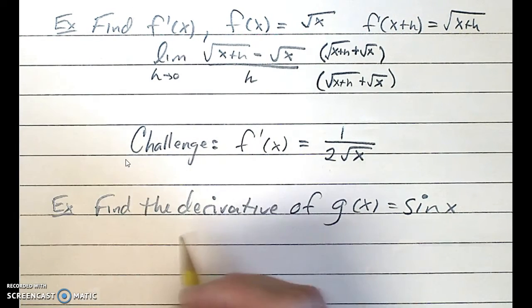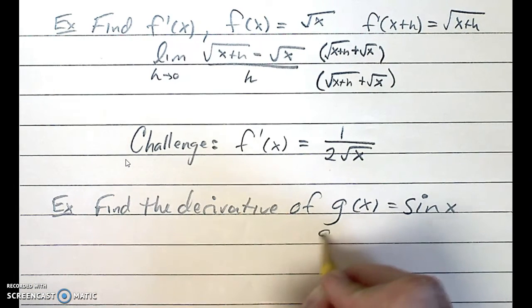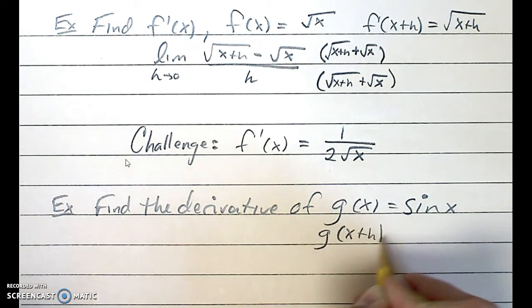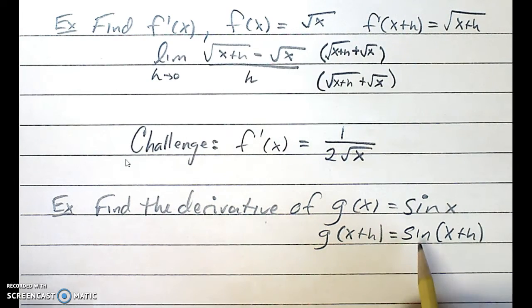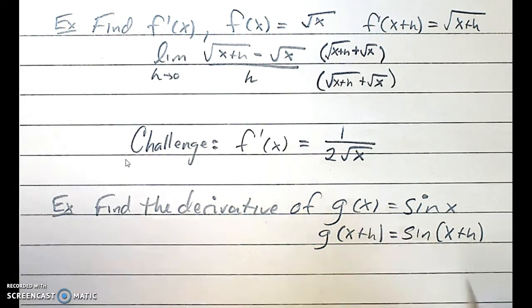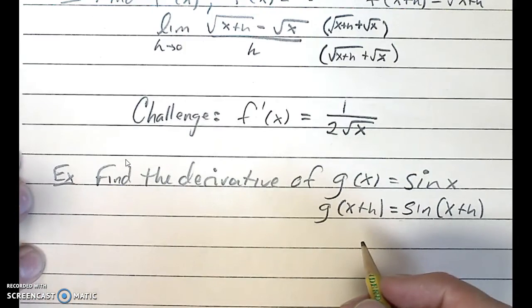You'll use the limit. So you'll use g of x plus h. That's the sine of x plus h. No, sine does not distribute in. All right. You will simplify. You will break this apart using an identity and then using your limit properties. All right. So, a couple challenges for you to try to do.